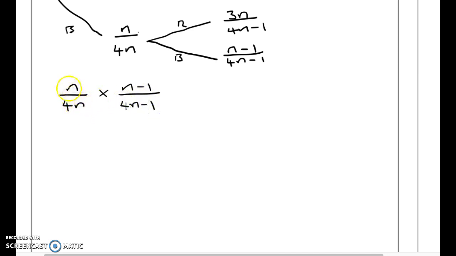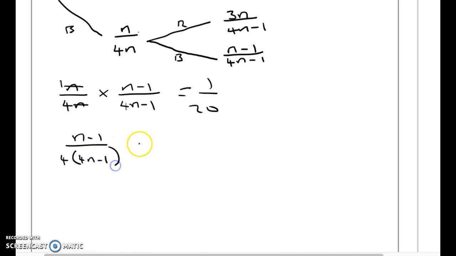Because you've got n over n, you can just cancel those n's, and you've just got 1 over 4. We can just times this by 4, because it's like saying 1 over 4, just times it by 4. And that's going to equal 1 over 20. So we can write that in. We'll have n minus 1 over 4 times 4n minus 1 equals 1 over 20.